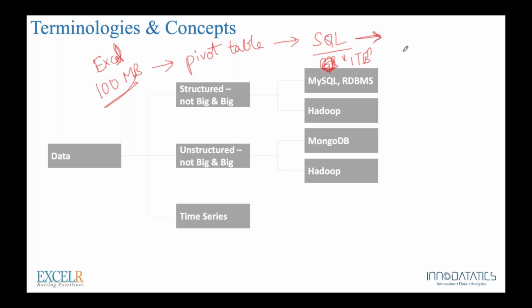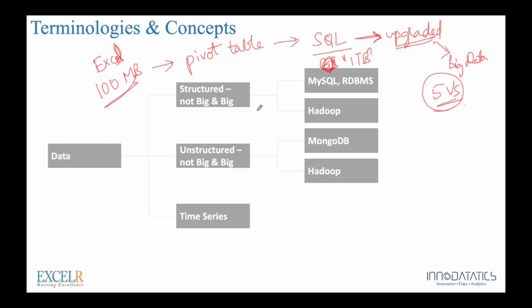So you'll think about what else you can use. Okay, let me upgrade the server. You upgraded the server to the extent possible, beyond which upgradation is not possible. And you have data which is increasing in size, on which you are not able to perform certain operations. Then you are entering into a problem called the big data problem. You have all those 5 V's or 4 V's, all that.